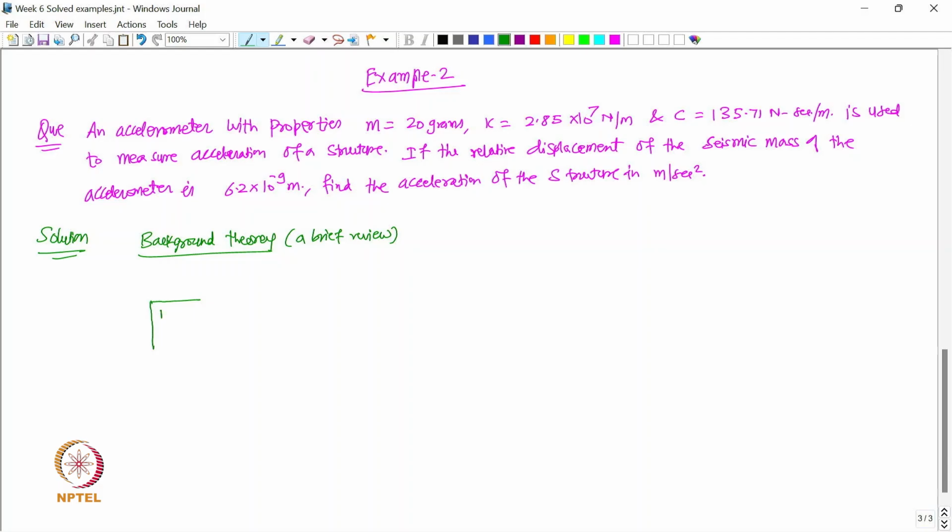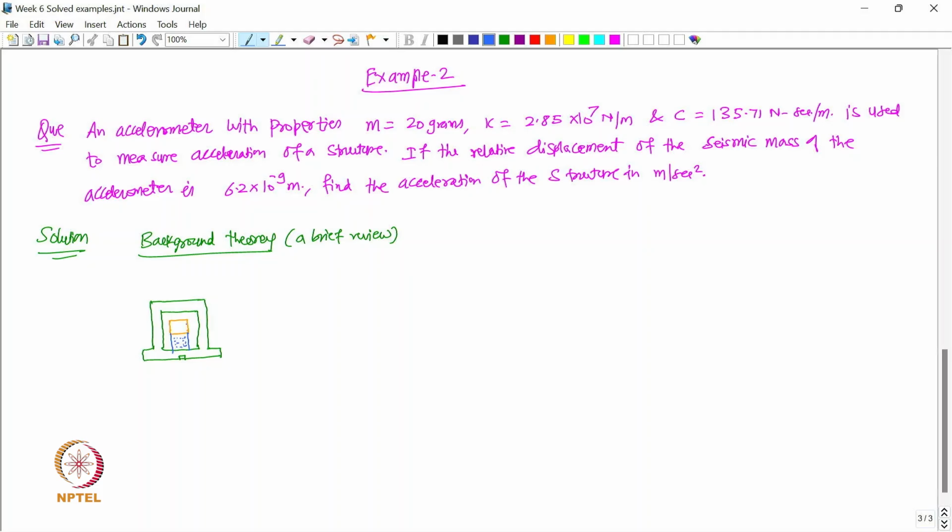I am making a very simple sketch for a quick explanation. Like this, okay. This is the body of the accelerometer, and inside this body we have the seismic mass like this, right. And then we have the piezo disc like this. So, this is the piezo disc.